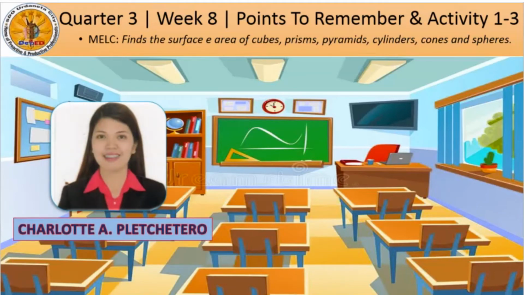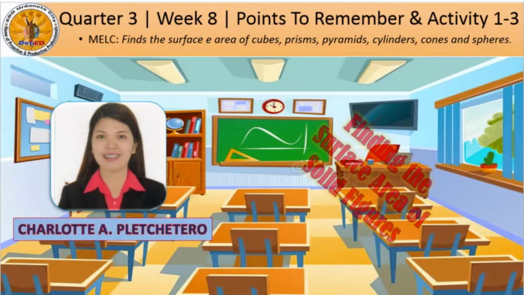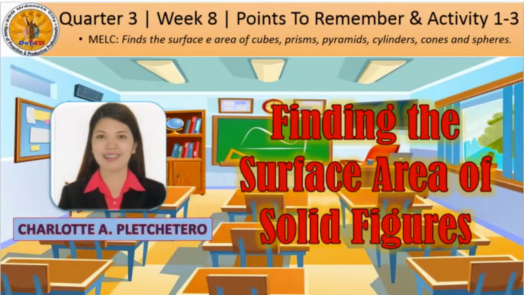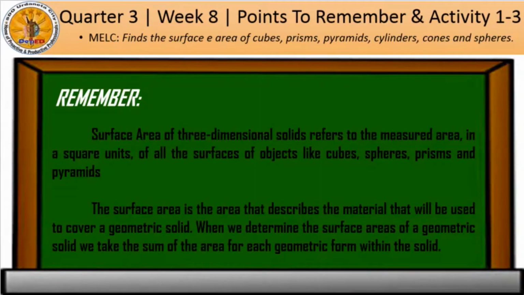In today's video, we will be discussing quarter 3, week 8 in our activity sheet, finding the surface area of solid figures. Remember, surface area of three-dimensional solids refers to the measured area in a square unit of all the surfaces of objects like cubes, spheres, prisms, and pyramids.